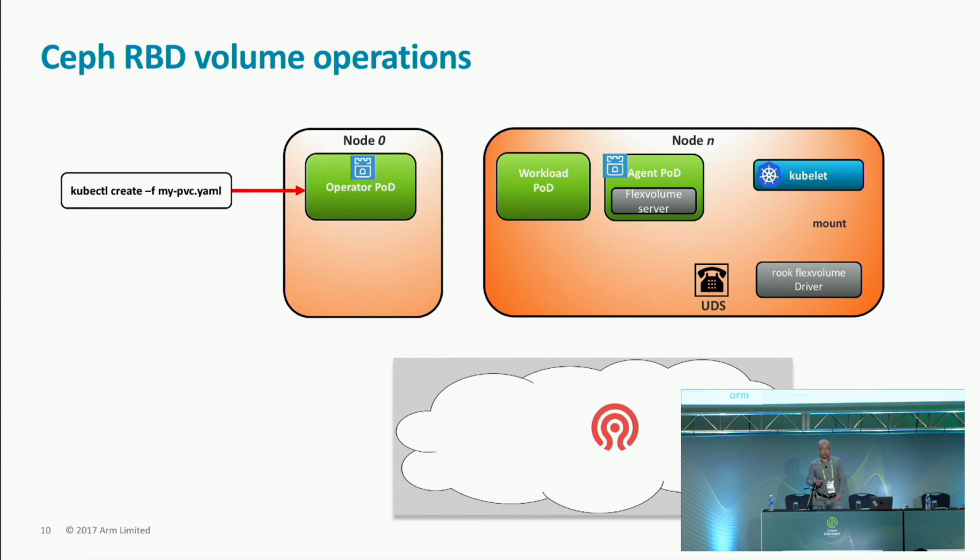So when we create a PVC, there is a resource change in the cluster, and it will be captured by the provisioning controller of the operator. The operator will create a volume in the Ceph cluster and bind it to the PV object. But now the volume doesn't belong to any specific node.